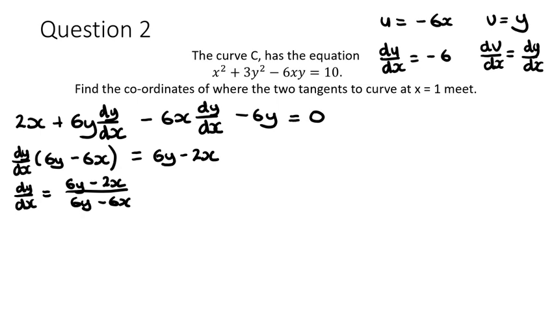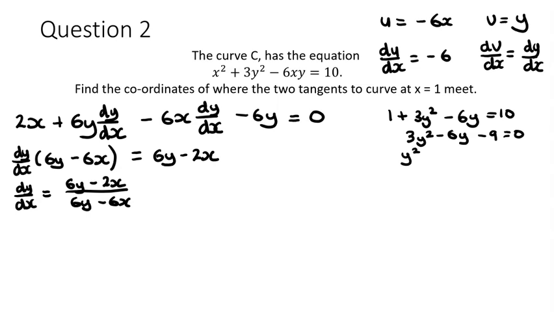To do that, we're going to do this to the side here. When I substitute x equals 1 into the original equation, 1 squared is 1, 3y squared, and when x is 1, that's going to become minus 6y equals 10. We get this quadratic.